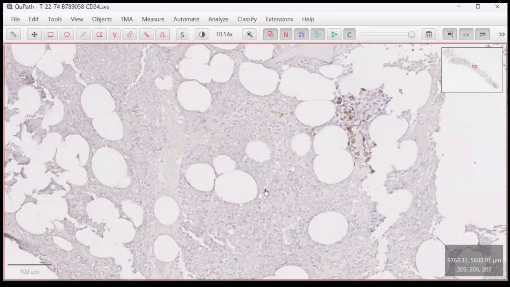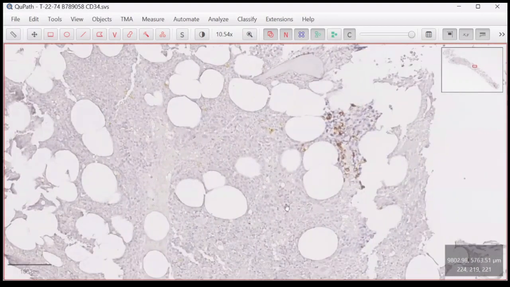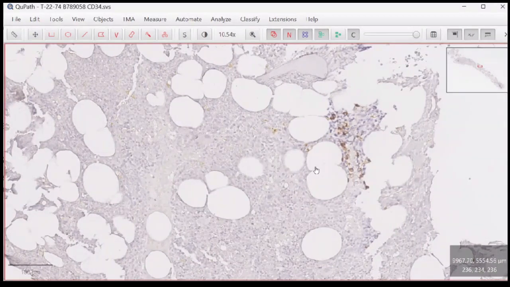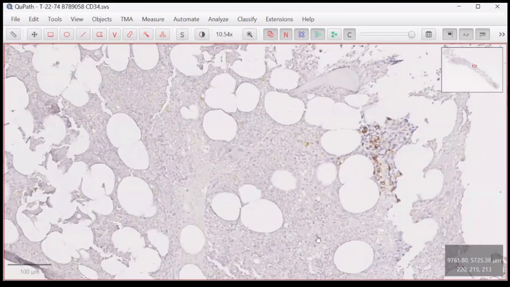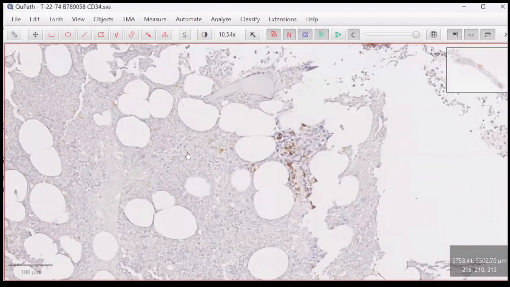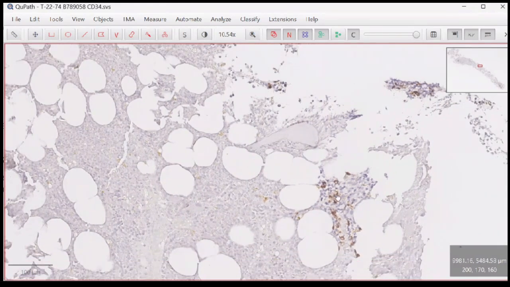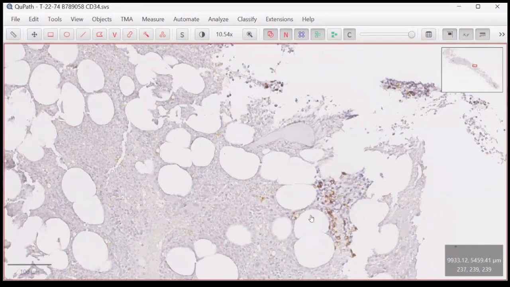Even in this hypercellular area, hardly any 34 positivity except here, but this could be some technical error, because if you notice, the nuclei of the cells in this small focus appear sharper as compared to this area, which is more hazy.